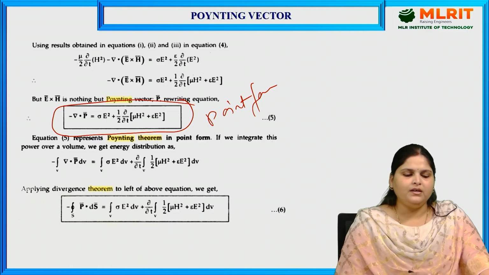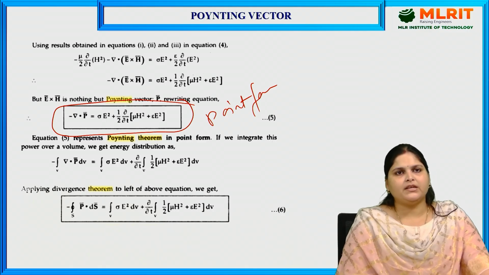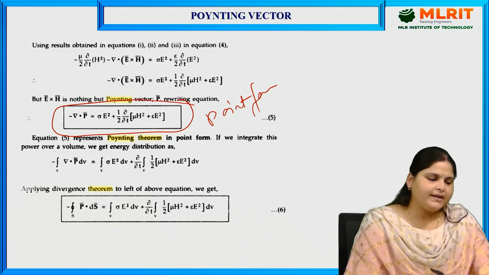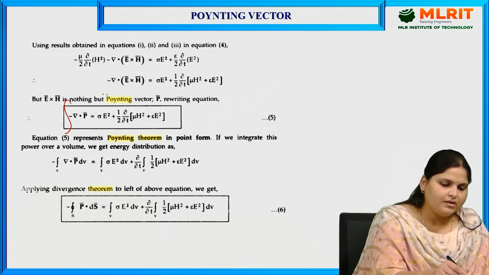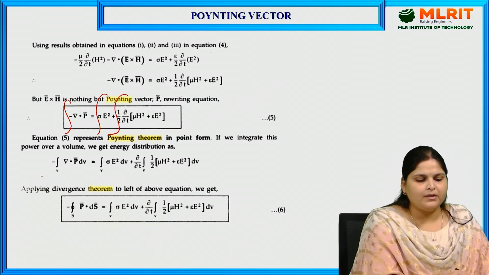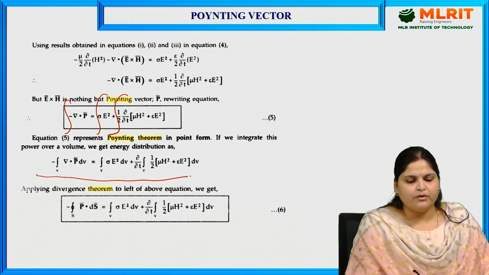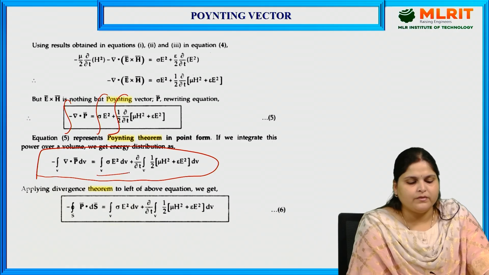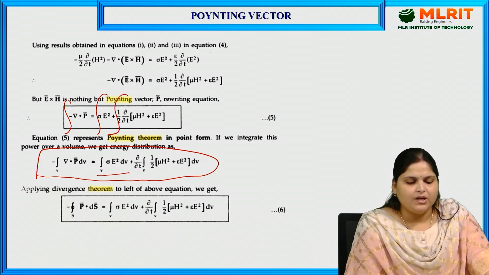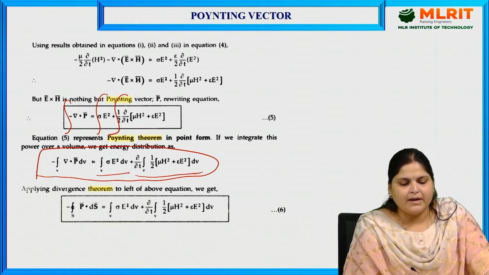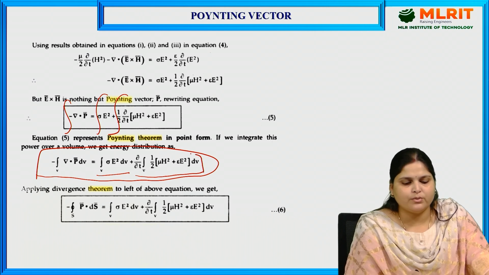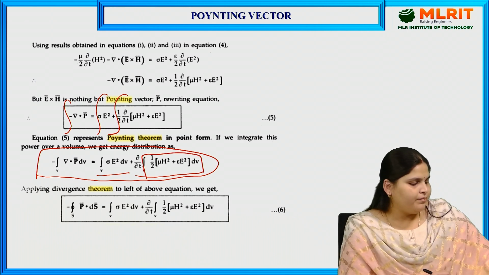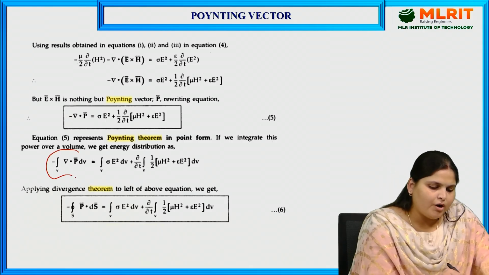To get the integral form of this equation, we need to integrate it over a volume. So when we integrate the entire equation, this becomes minus the integration of divergence of P dV equals the integration of σE² dV plus ∂/∂t of the integration of 1/2 (μH² plus εE²) dV. Now this is in volume form.